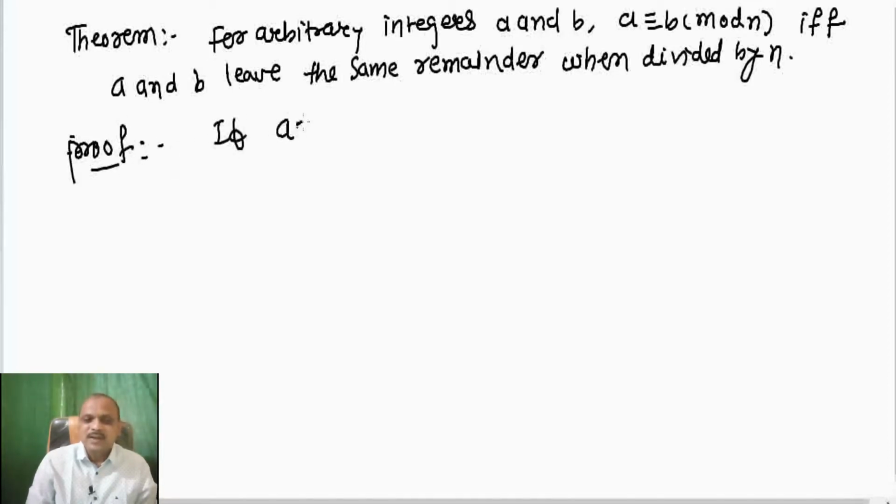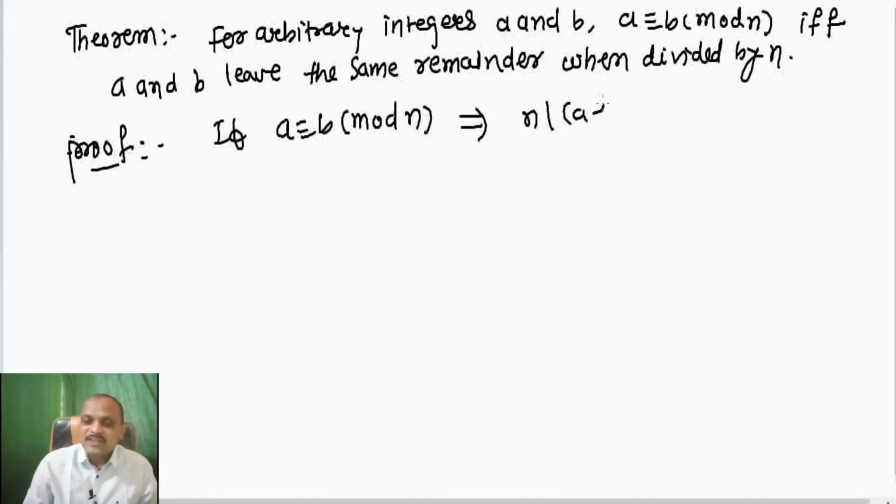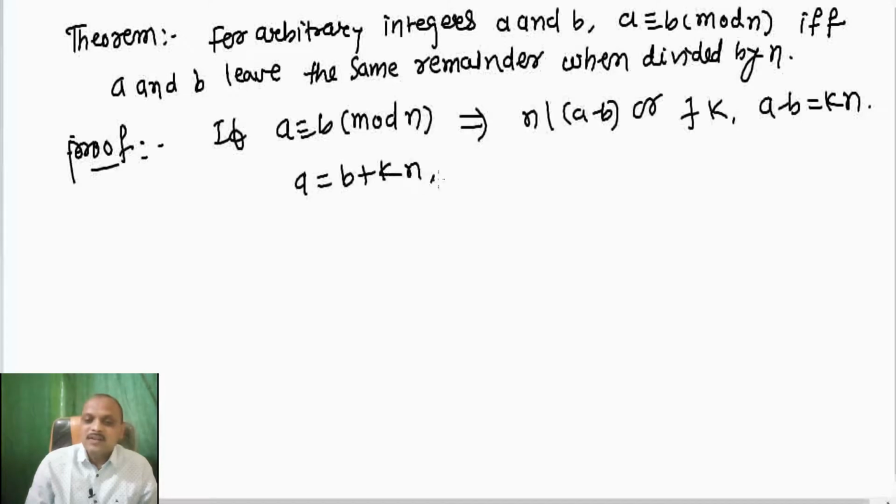The proof is very simple. First we take a congruent to b modulo n, and we will show that they leave the same remainder. Apply the definition. That means n divides a minus b, or in other words, there exists an integer k such that a minus b is equal to k into n, or a equals b plus k into n. Now we can apply the division algorithm. This number b, when we divide by n, gives us a quotient and a remainder.